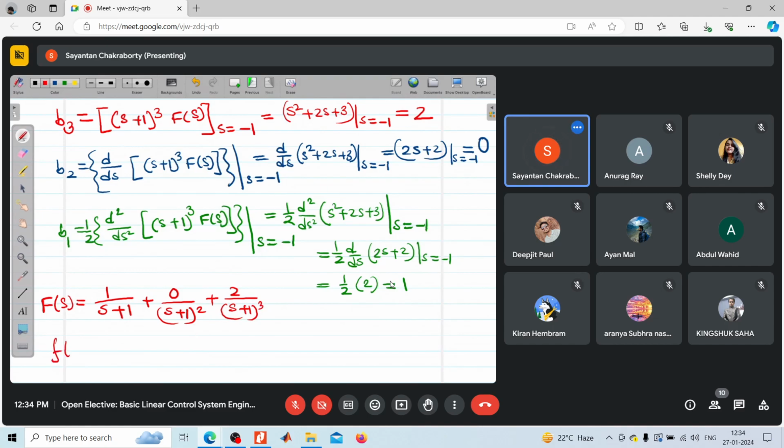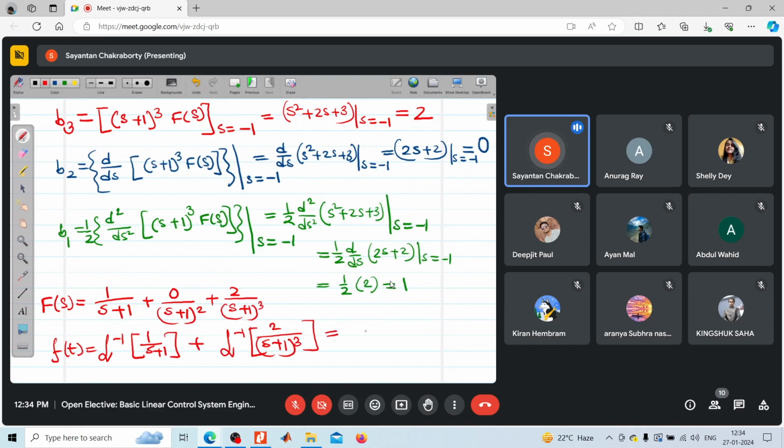Therefore, ft will be Laplace inverse of 1 by S plus 1, plus Laplace inverse of 2 by S plus 1 whole cube. The middle term is 0, so I am not mentioning it.